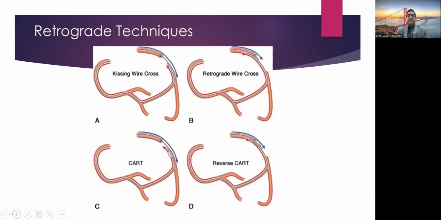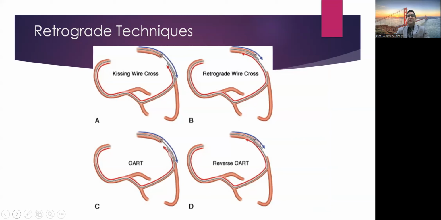These are the retrograde techniques, that is, the kissing wire technique. The retrograde wire is put as a distal marker and the antegrade wire can be negotiated. In 10 to 20% of cases, even the retrograde wire can cross, true to true lumen. Another technique is CART, usually not done nowadays, but it can be done in a calcified CTO, where the wire knuckle can be made.